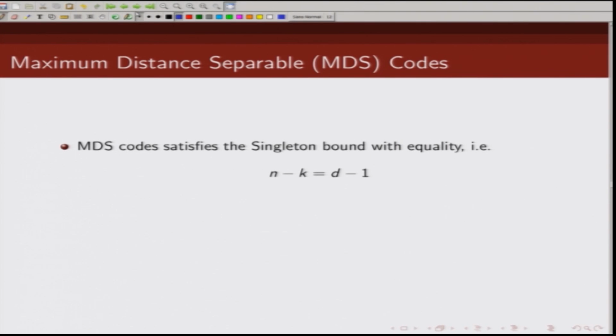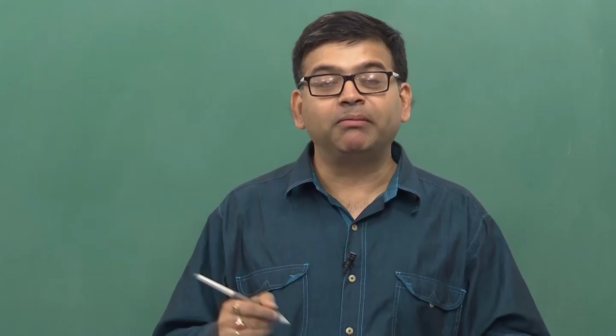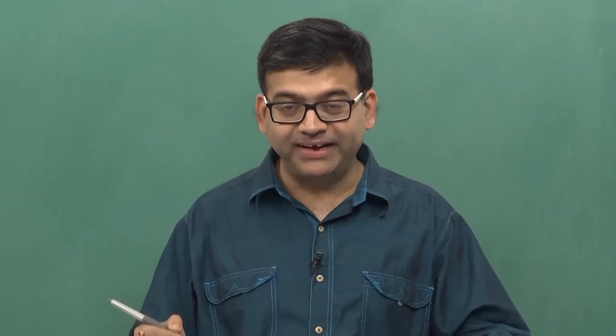Now, the codes that satisfy the Singleton bound with equality are known as maximum distance separable codes. So, a maximum distance separable code will have the property that minimum distance is equal to n minus k plus 1.